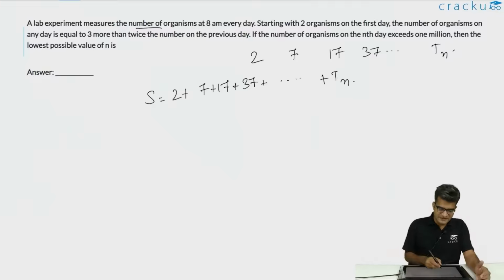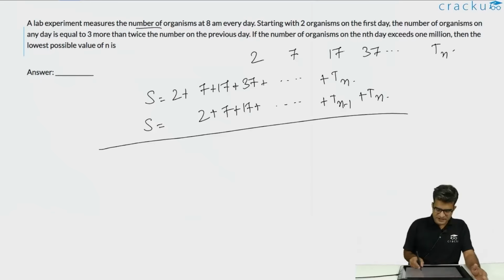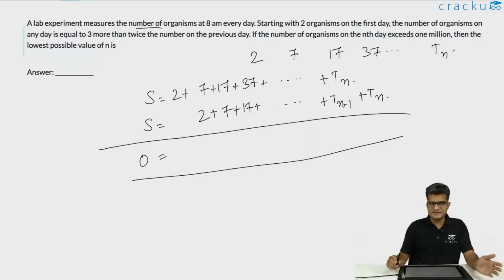Why does it make it easy? Because you can also write S as 2 plus 7 plus 17 plus ... plus Tn minus 1 plus Tn. We have just shifted each of the terms 1 to the right. Now if you subtract the first equation from the second equation, the left hand side will be 0, S minus S is 0.